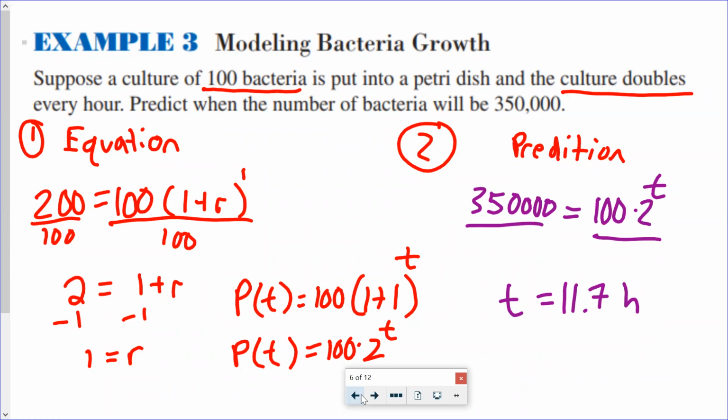Now, one of the questions that got asked on the Friday lesson was why there was a preview for the movie Contagion on here. It was because usually when I introduce exponential growth, I would show that because it talks about it. If you've seen Contagion, or if you haven't, it's about a virus that spreads around the world, infecting people at an exponential rate.